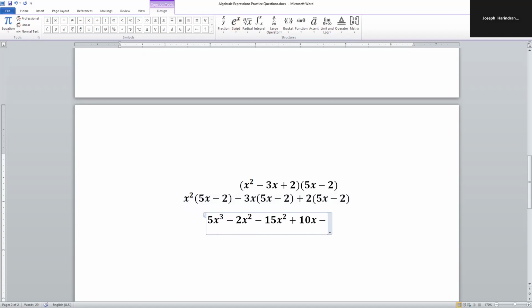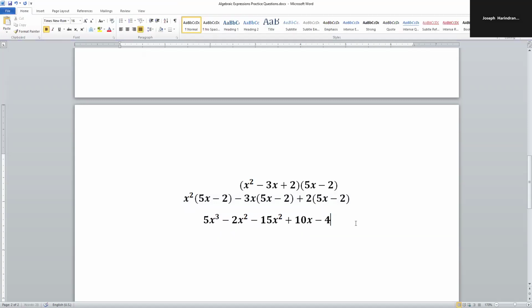Both have to be added, we'll get minus 17x squared. And then 10x doesn't have any other term, so plus 10x, minus 4. This is the final answer for the first part of that question.